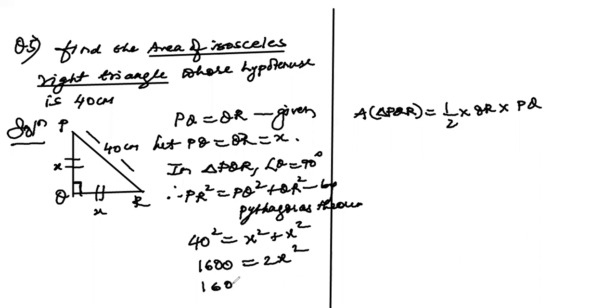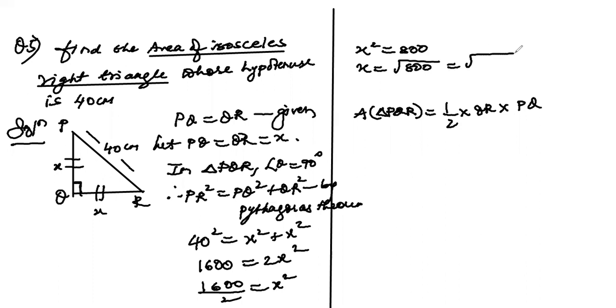So 1600 upon 2 is equal to x square, so x square equal 800. So x equal root of 800. The clever children will understand 400 is a perfect square, so it becomes 20 root 2 centimeter. That means PQ equal QR equal 20 root 2 centimeter.